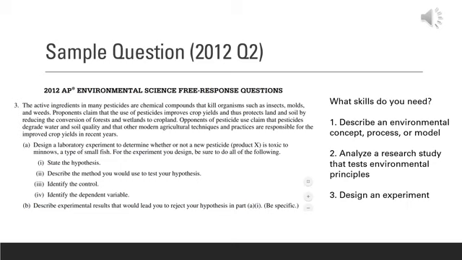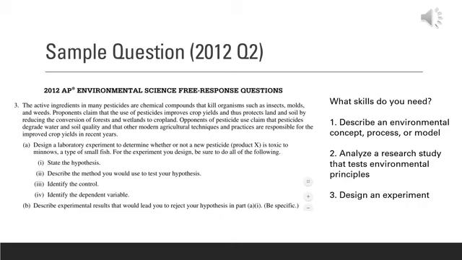A brief review of the question shows us that there are 3 skills that you will need to be able to answer the question and accurately demonstrate understanding. The first is to describe an environmental concept, process, or model. This is because the question is asking you to look at pesticides and the impact of pesticides on biological systems.